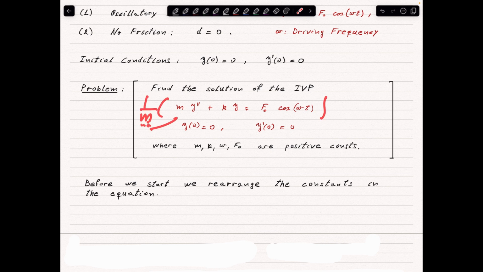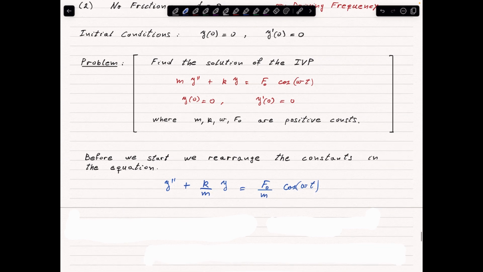The mass is going to enter here, there, and there. So we rewrite the equation as y double prime plus k over m y equals f0 over m cosine of omega t. The omega doesn't change. So that is going to be our system.